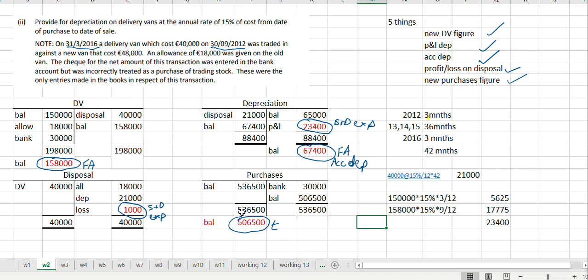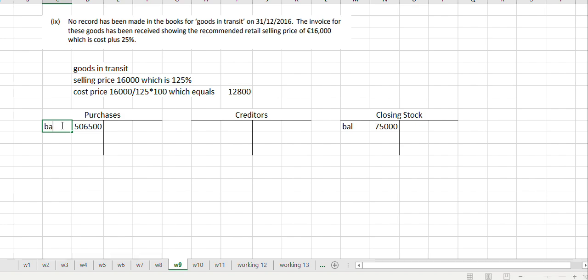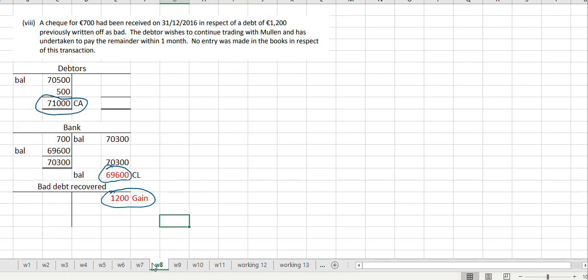It was here, 506,500. You have to be very precise with these kind of things. Creditors, I'm sure we had a note dealing with creditors as well.